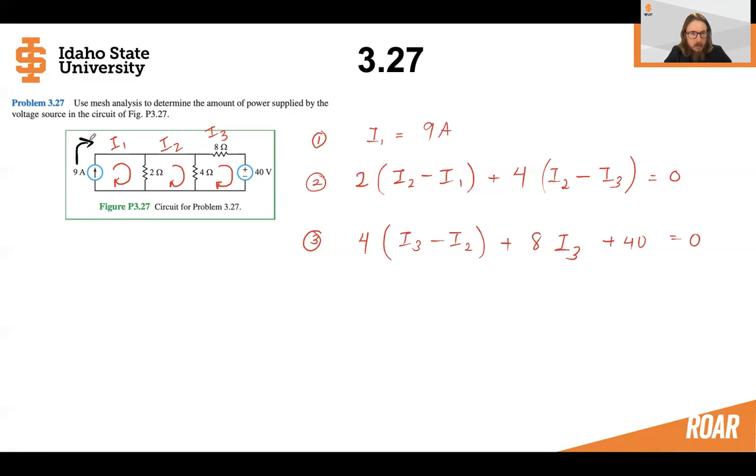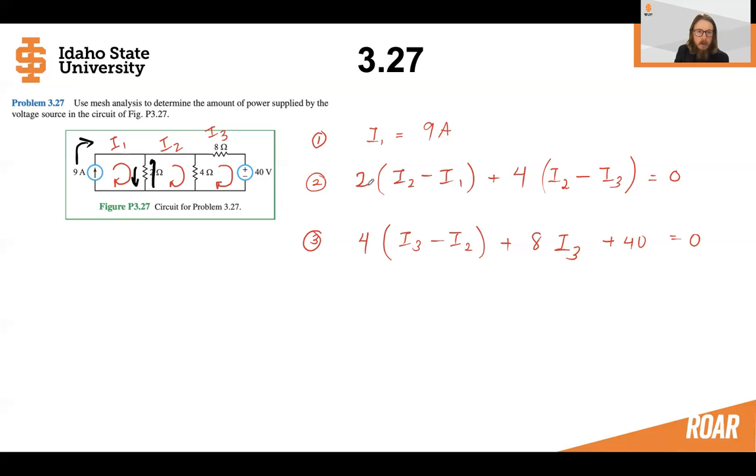Now for I2 and for I3, let's look at these two mesh currents and let's make some KVLs. So remember, for mesh analysis, we're going to be writing KVLs, so we're going to be writing some loops here. Let's start here, and let's say that we have a 2 ohm resistor. So going up over the 2 ohm resistor, we have current I2 going this way, and I1 going this way.